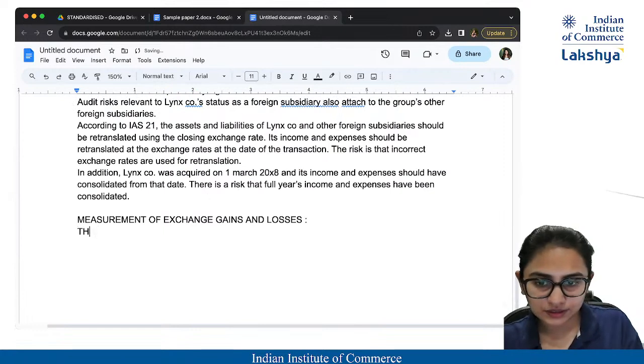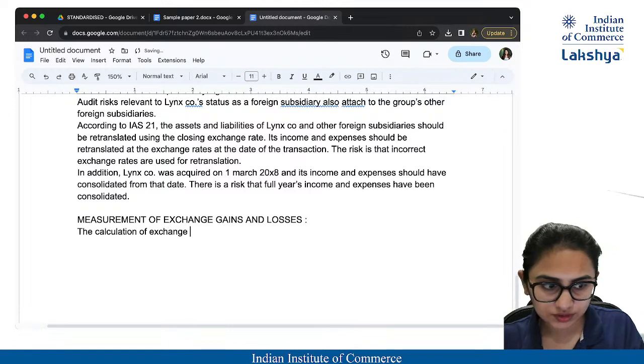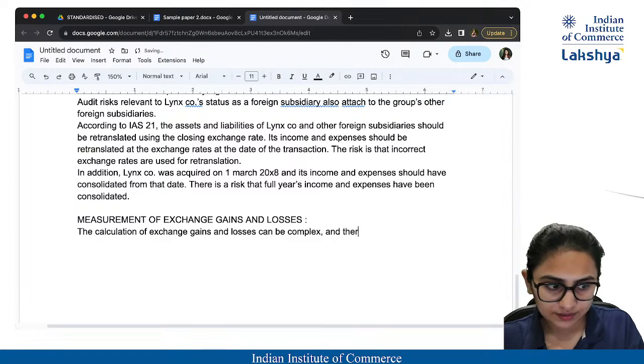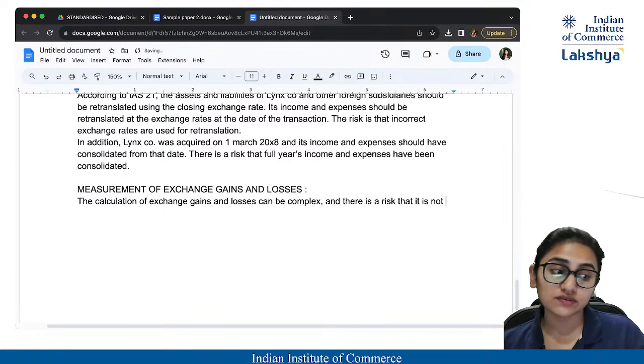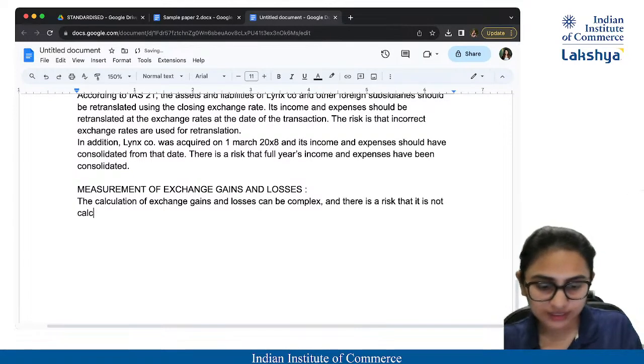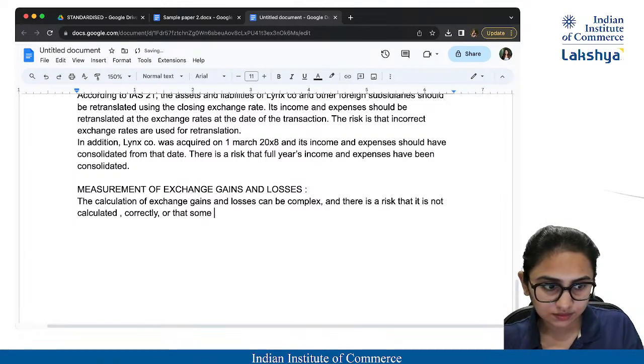So the calculation of exchange gains and losses can be complex, and there is a risk that it is not calculated correctly, because whatever the case is, we are identifying risk here, or that some elements are omitted.